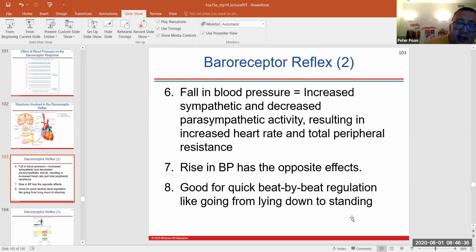These are really the quick reflexes. Like if you go from lying down to standing up, there have to be changes in blood pressure, because lying down is the ultimate of low blood pressure, because everything's even. When you stand up, there has to be an increase in blood pressure because now blood is going to your brain.